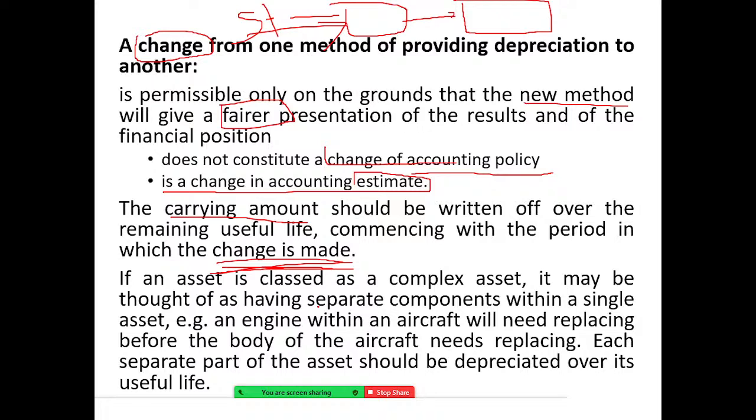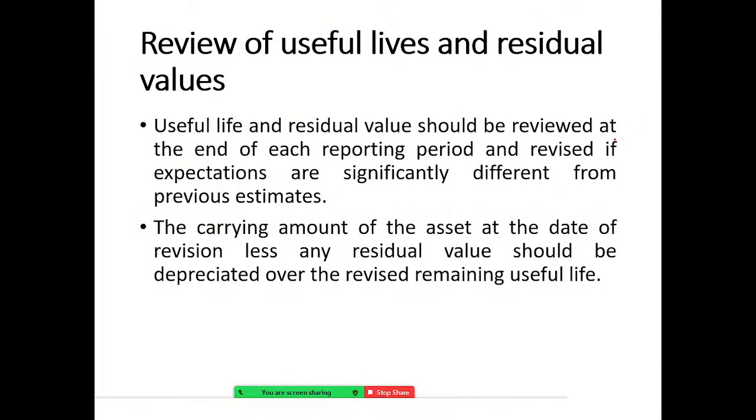Each separate part of the asset should be depreciated over its useful life. So when you take the aircraft, say for example it can be used for 20 years, but the engine can be used only for 5 years. Therefore the depreciation has to be done separately for 5 years, and for the body it can be used for 20 years, like that.